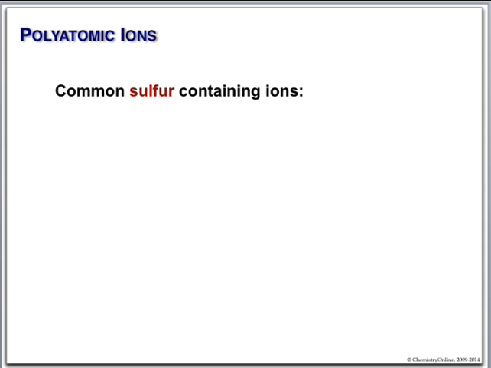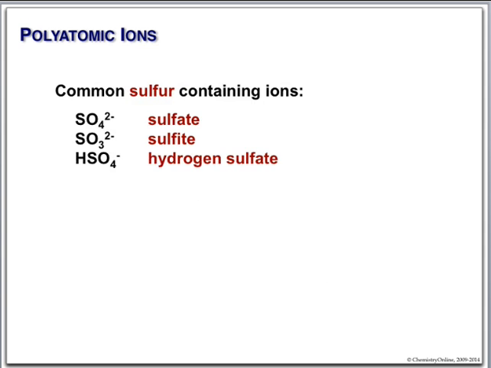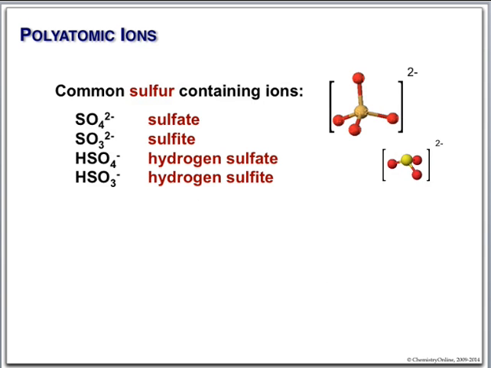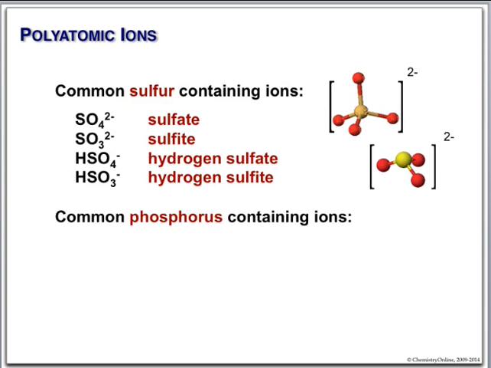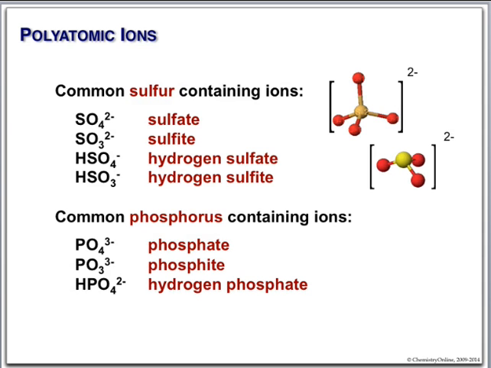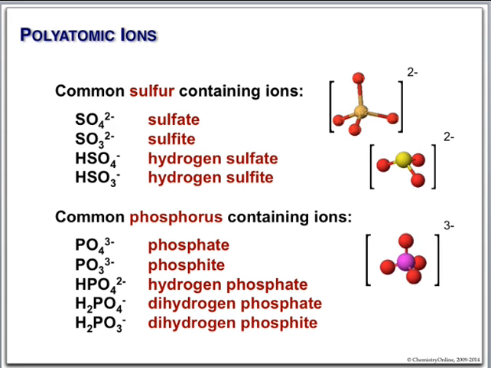We saw sulfur. Again, our parent is sulfate, -2. Take 1 oxygen off, we get sulfite. Now there's another thing that these things can do, and that is we can put a hydrogen on one of these oxygens.